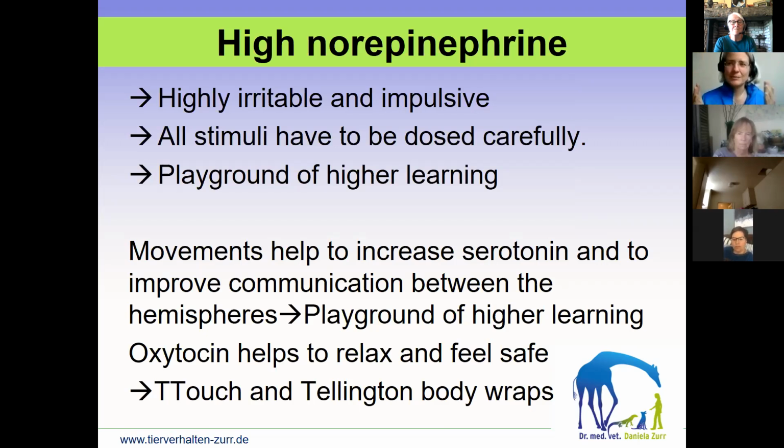In the playground of higher learning, we do many exercises about turning left and right, like in the labyrinth, and that really makes sure that the two halves of the brain continue to work together. And obviously, oxytocin helps to relax and to feel safe, and feeling safe also helps to reduce norepinephrine. We know that we already get a peak in oxytocin when we smile at our animals, but obviously we do that with TTouch and with the Tellington body wraps too.